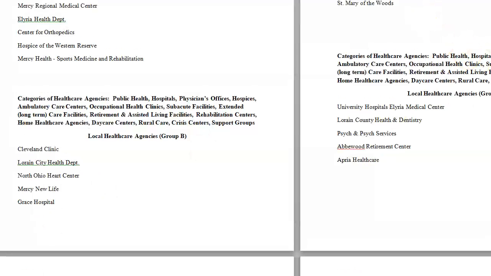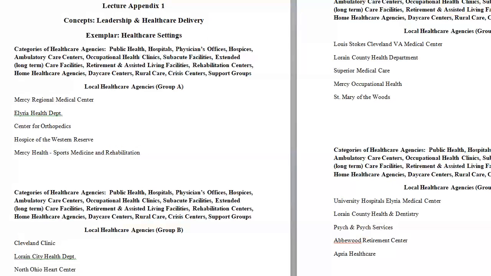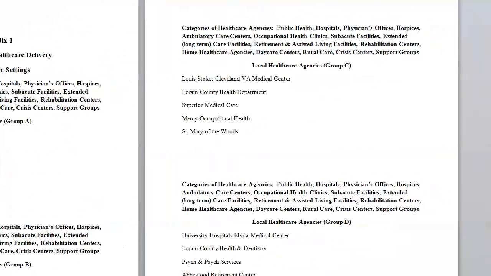And then up here in Group C, we have, again, more examples. Lewis Stokes Cleveland VA Medical Center is obviously a hospital. Lorain County Health Department is public health. Superior Medical Care are ambulatory care centers. Mercy Occupational Health is occupational health clinics, and St. Mary of the Woods is retirement and assisted living facilities.